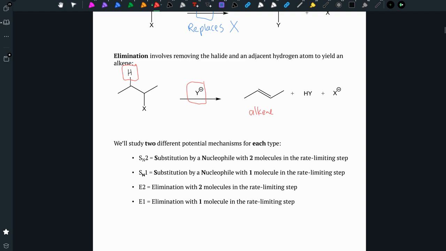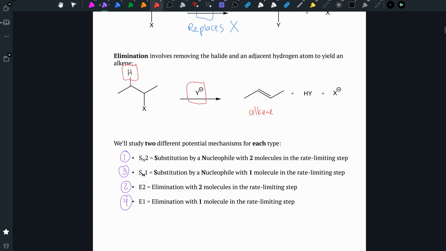So we're going to focus on them one at a time. In the lecture, I'm actually going to focus on them in this order. I will do SN2 first. I will do E2 second, and then I'll do SN1 and E1 kind of together.